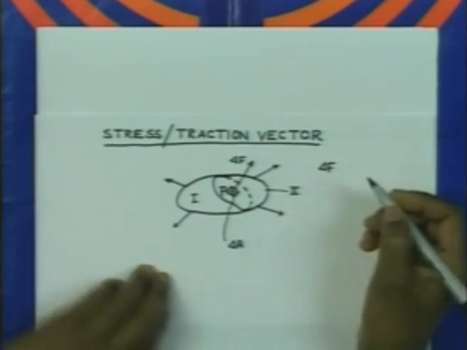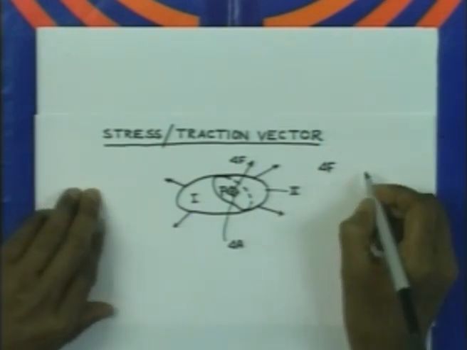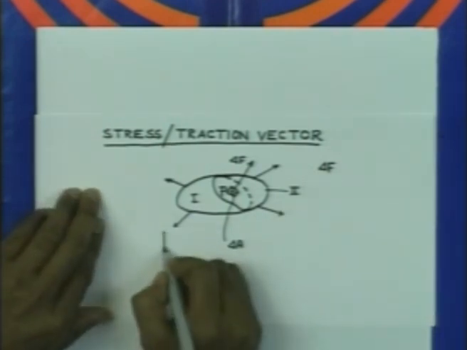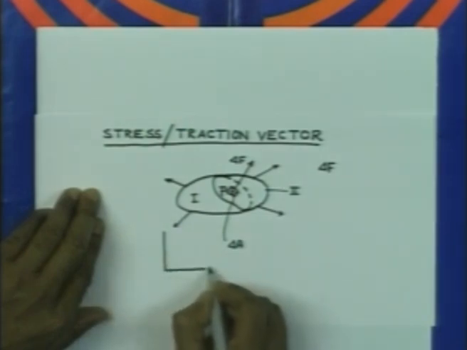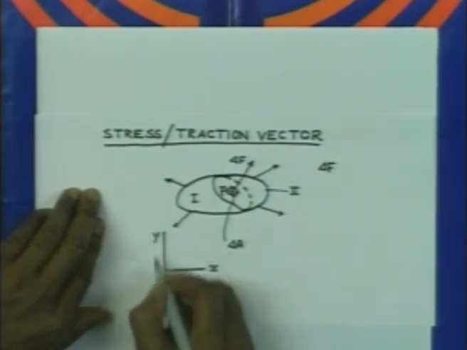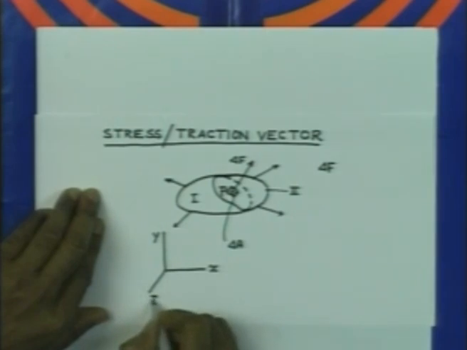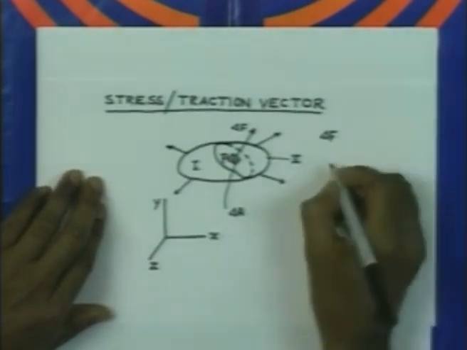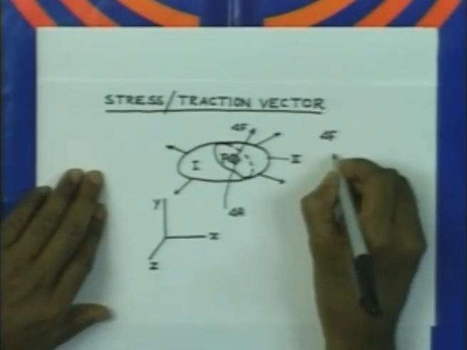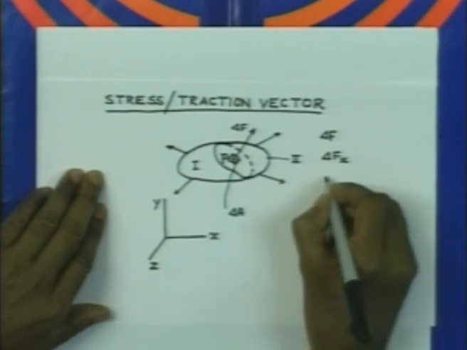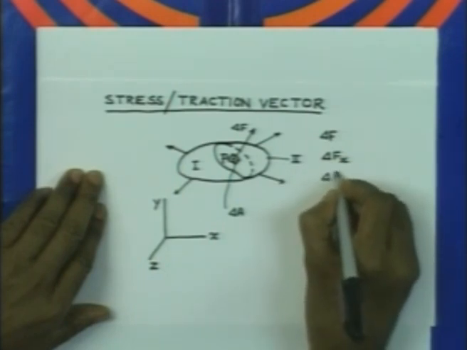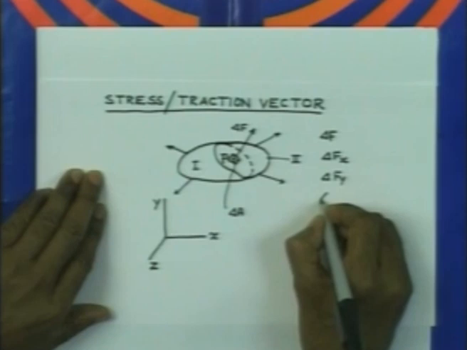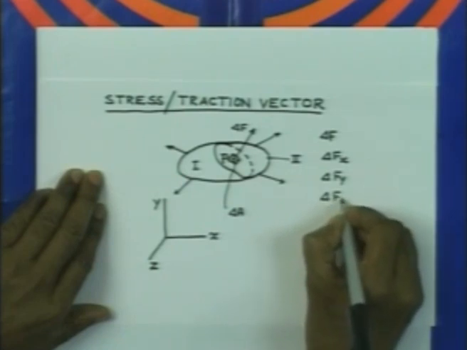It can be resolved into components in the three Cartesian directions x, y and z. Let us say that these components are, in the x direction delta Fx, in the y direction delta Fy, and in the z direction delta Fz.